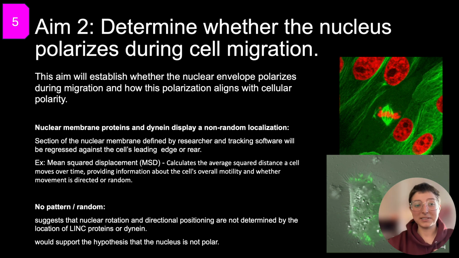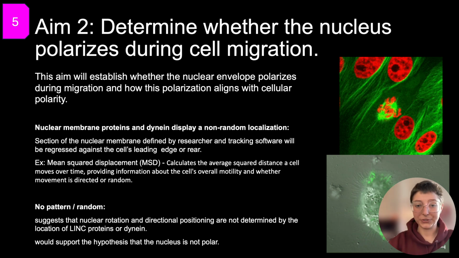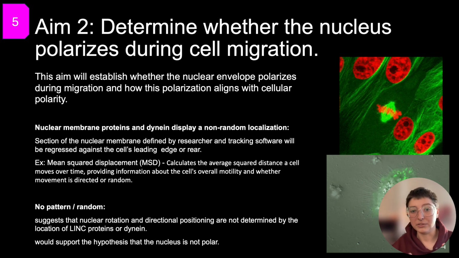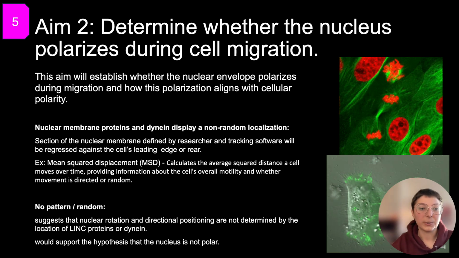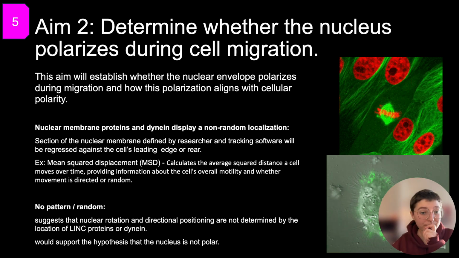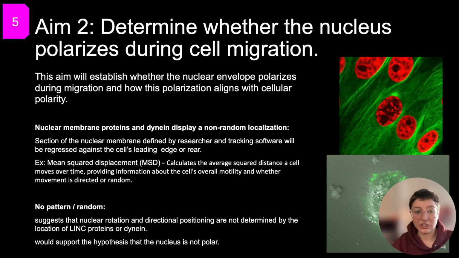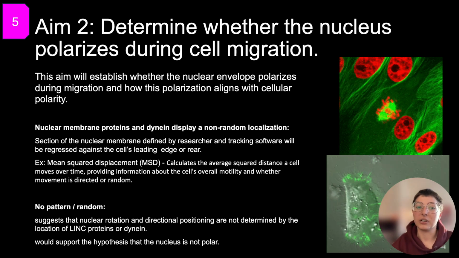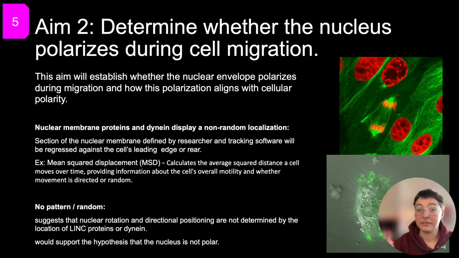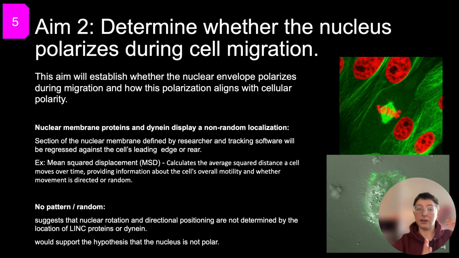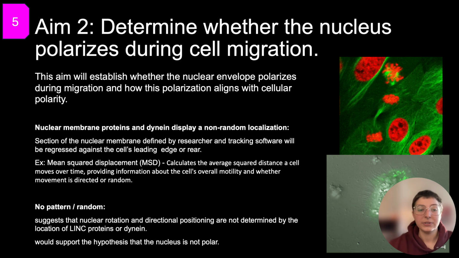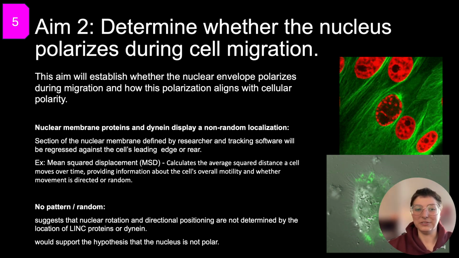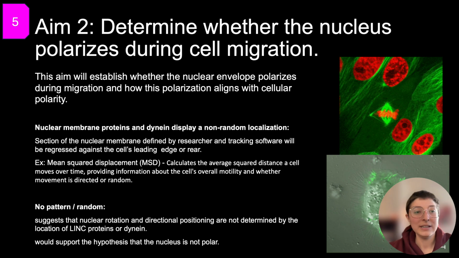And so let's say there's no pattern, or the SUN proteins are randomly distributed around the nucleus. This would suggest that nuclear rotation and directional positioning are not determined by the location of the SUN proteins or of the LINC complex in general. Or it would support the hypothesis that the nucleus is not polar, right?